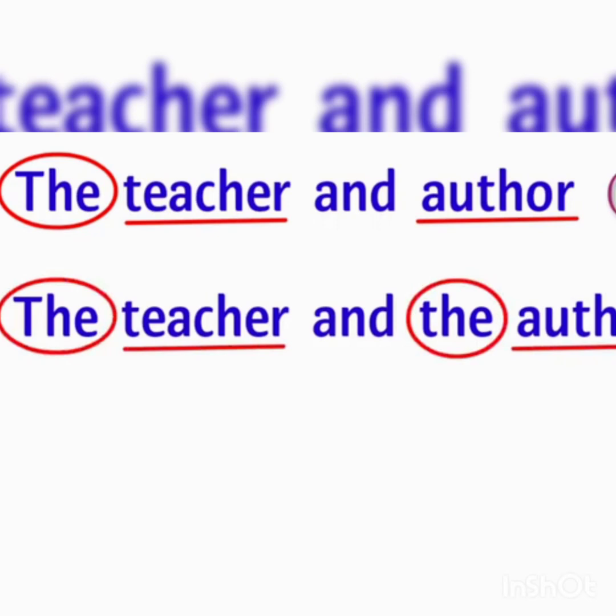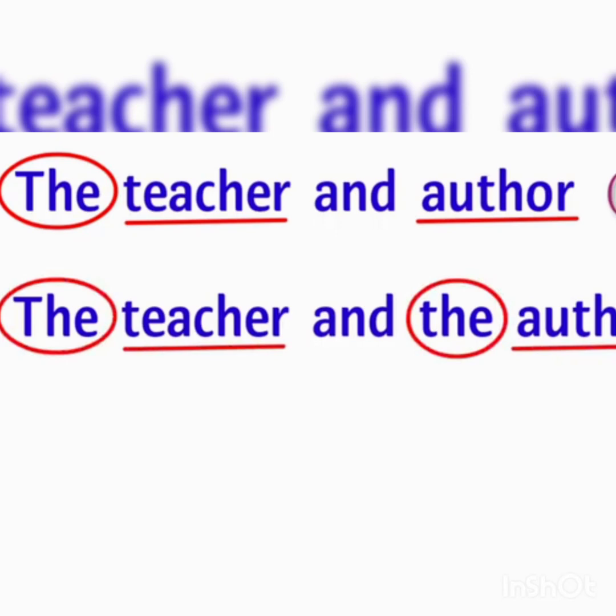Suppose I am your teacher and I am an author of a story book also. Suppose I have written a book also. So when you are saying the teacher and author, that means you are referring to me. I am the one person with both these qualities, with these traits. Like I am a teacher also and I am the author of a book also. So that means you are referring to your English teacher at that time. There we will use singular verb.